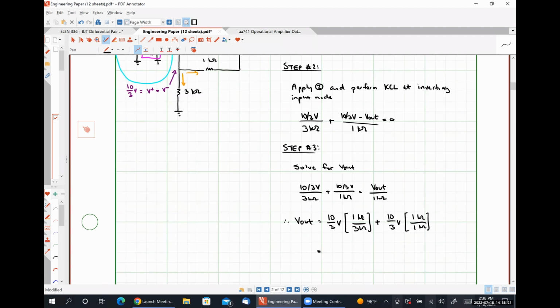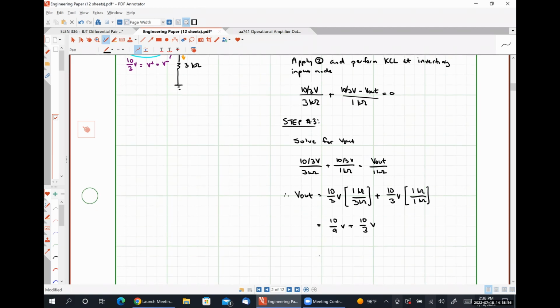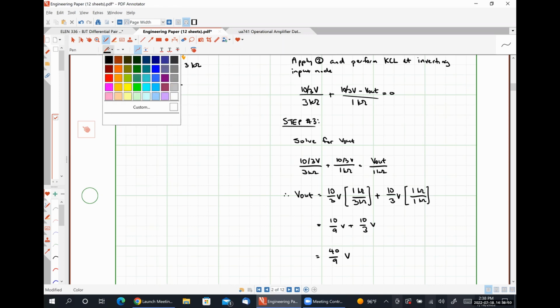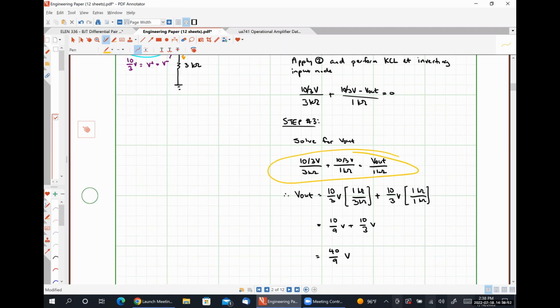So that's 10/3 times 1/3, which is 10/9, plus 10/3 times 1. So that's going to be 40/9 of a volt. Now, obviously, if you wanted to, you could just take this equation, throw that into your numerical solver, and just solve for V out instead of doing the algebra.